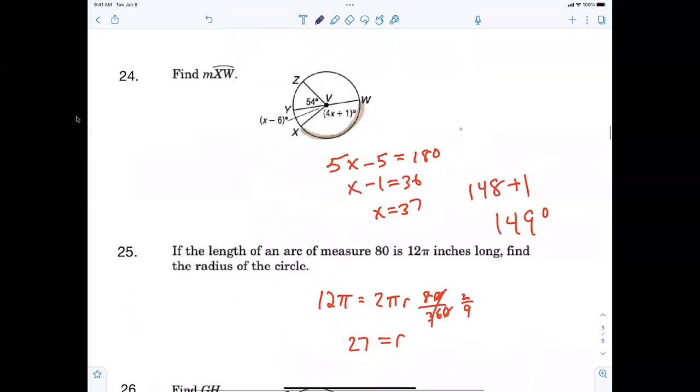All right. For 24, I got x equals 37. And then xw I got was 149. Anybody have any questions with that?